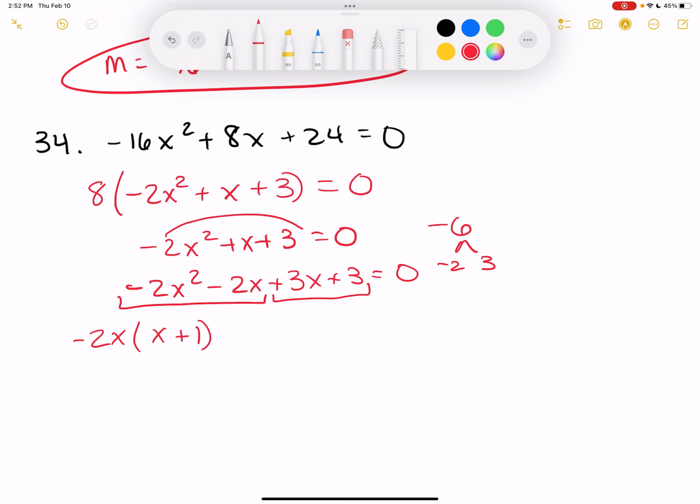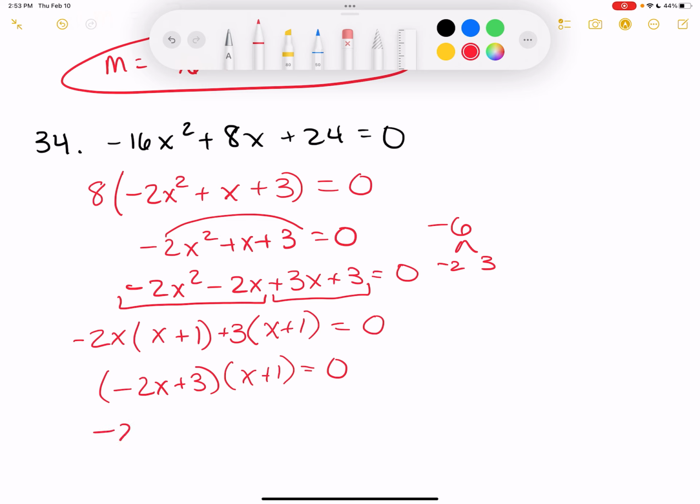And what can I take out of this one? 3. You can't take the x, it doesn't have an x. So you're left with x plus 1. All right, so then negative 2x plus 3 times x plus 1 equals 0.